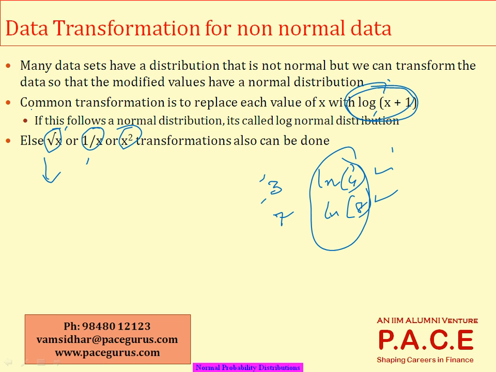Or do the reciprocal of each of the values and look at the distribution, or do the square of the original values and then look at the distribution. If in any of these cases it is following a normal distribution, our further work will be on these transformed values but not on the original data values.